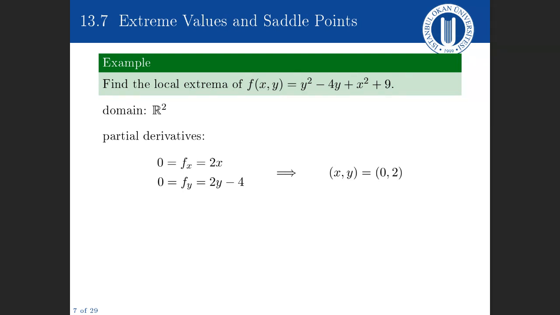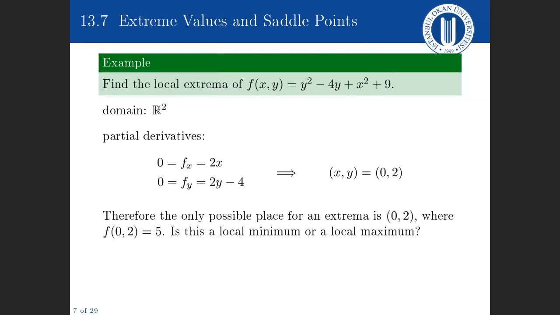So (0, 2) is going to be the only critical point of this function, the only place where it's possible to have an extrema. So then we are asking, is (0, 2) a local maximum, a local minimum, or a saddle point?